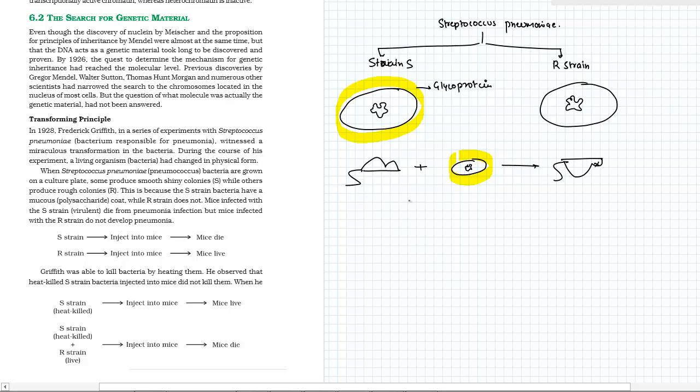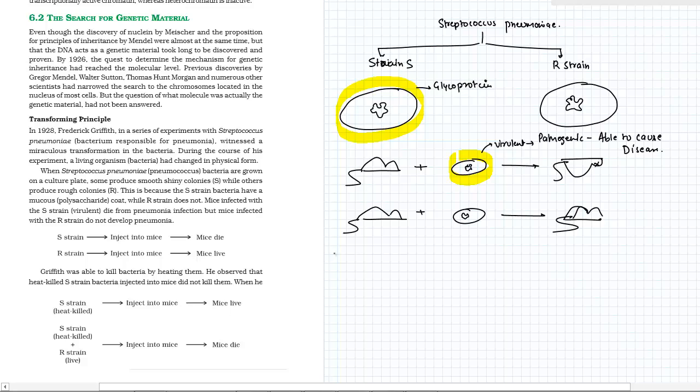Now he's going to do it with the R strain. If this is the mouse and he used this normal R strain, the mouse lived. It did not do anything. It was able to survive very nicely. So we were very sure that this outer covering was virulent in nature. Virulent means that it was pathogenic, able to cause disease.